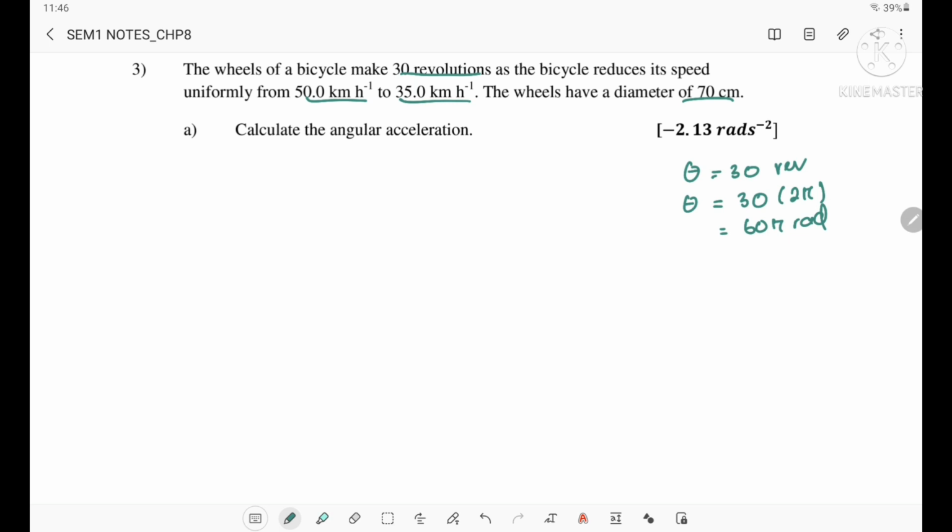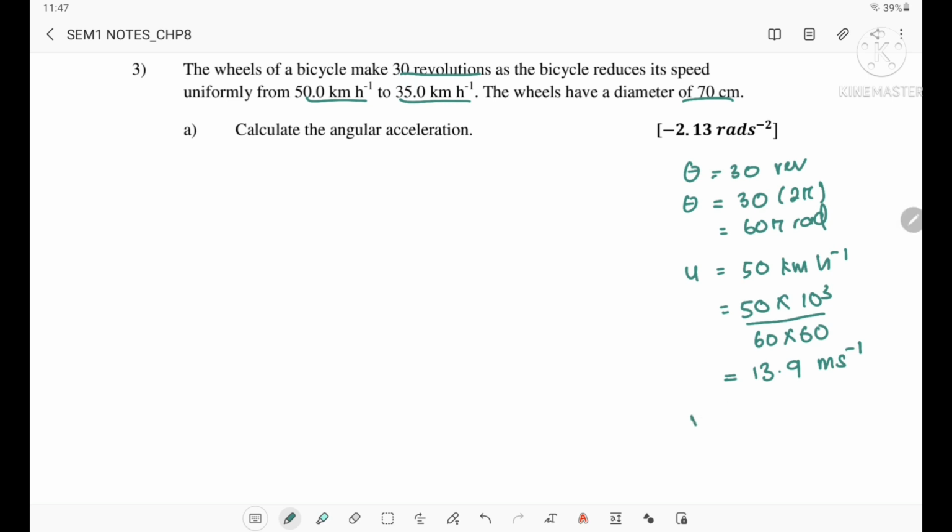Next, convert the speed 50 km per hour to meter per second. So we have u equal to 50 km per hour: 50 times 10 to the power of 3 to convert kilometer into meter, and divide by 60 times 60 to convert hour into second, and we got 13.9 meter per second for the initial speed.